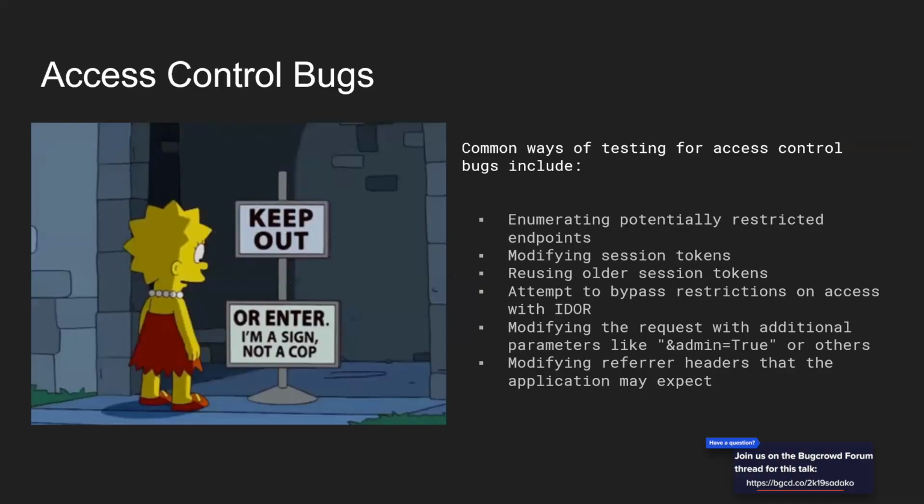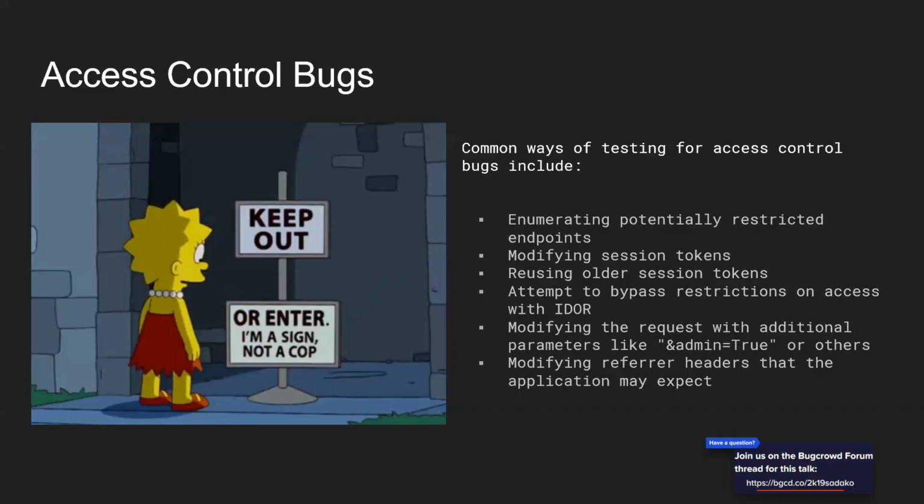Some common ways that people test for access control bugs include enumerating potentially restricted endpoints, so anything in the admin scope, developer, test, or any internal API endpoints. Modifying session tokens, either reusing or modifying them in some way, or putting junk data in there.